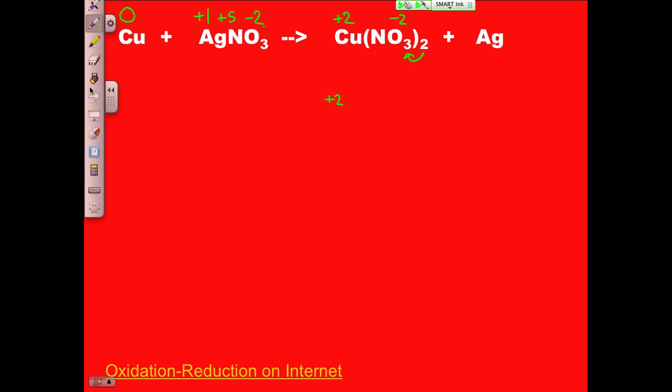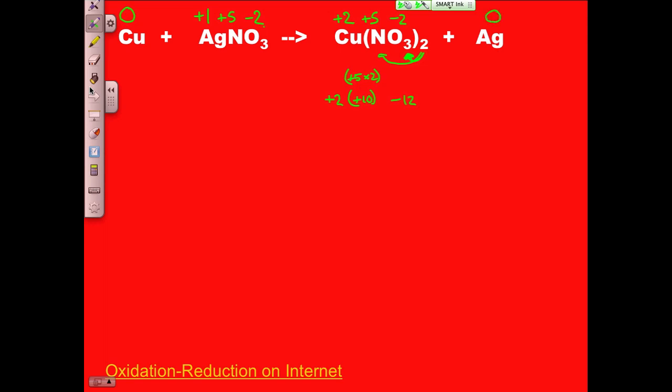The 2 on the outside go into the 3, so that's 6 oxygens, which means -12. We have 2 nitrogens, so what must its oxidation number be? Exactly. It must still be a +5 because we have 2 of them. But what must silver be over here?